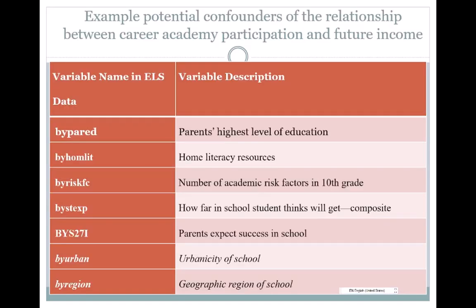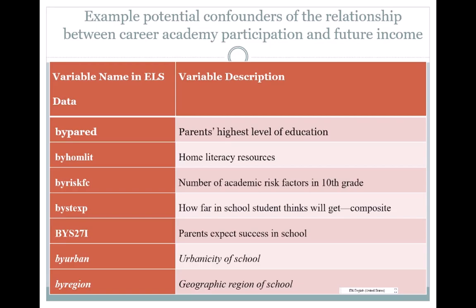Okay, so here are some examples of potential confounders for the career academy study: parents' high level of education, home literacy resources, number of academic risk factors, the students' response about how far in school they think they will get, parental expectation of success, urbanicity, and geographic region of school.